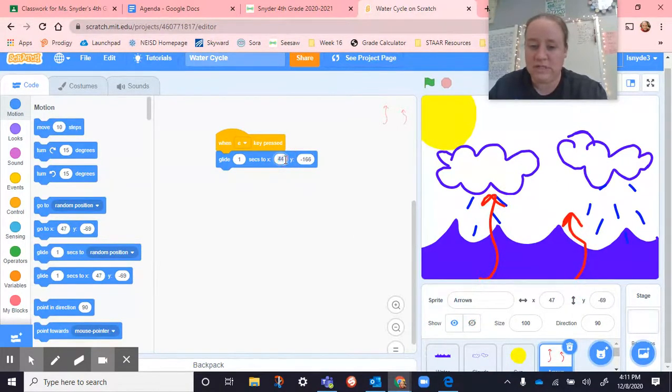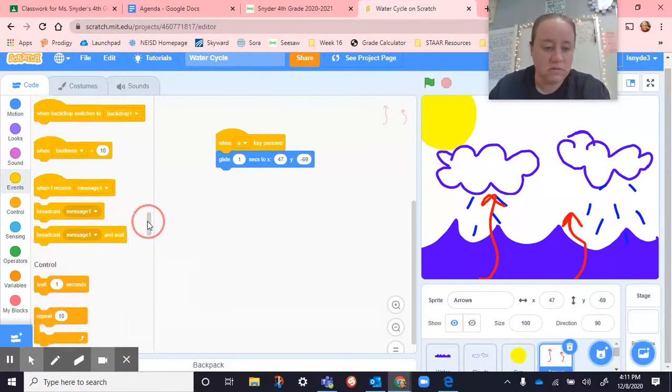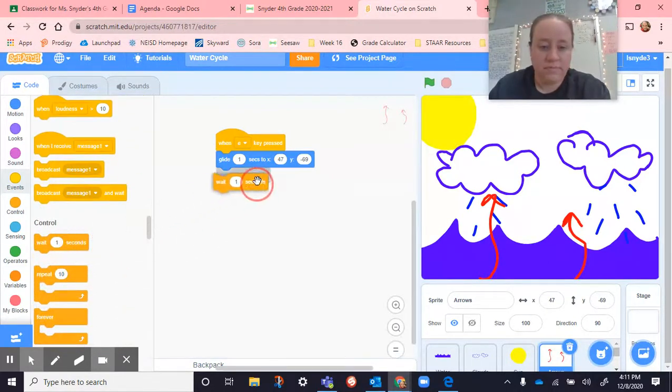So that's 47 is the x-axis, and the y is negative 69 here. So I'm going to have them do that. And then I'm going to have them wait 2 seconds.